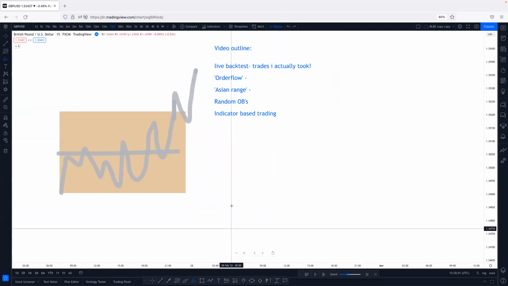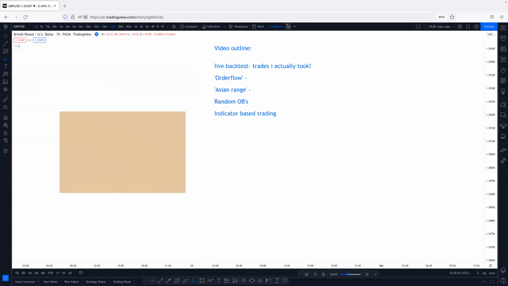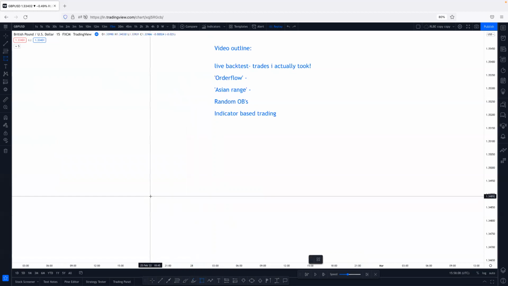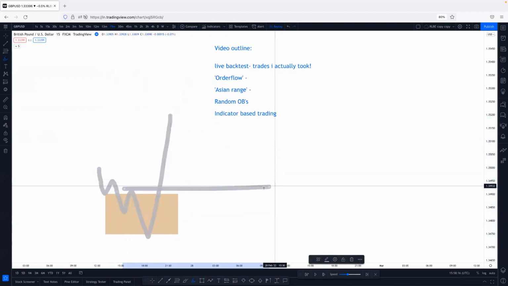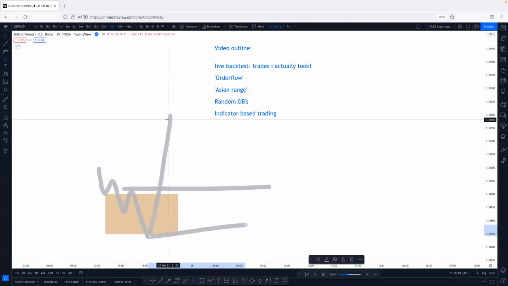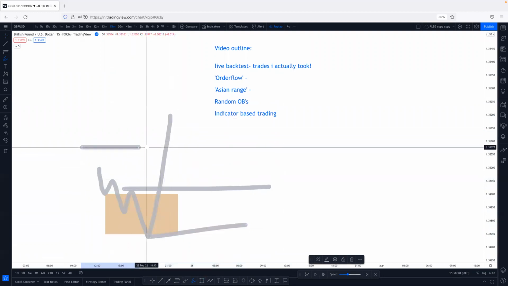And the third thing that I want to touch upon is random OBs in the market, right? What I mean by random OBs is, let's say we have an H4 area here that is a sell to buy, and let's say this is broken structure or whatever internal.